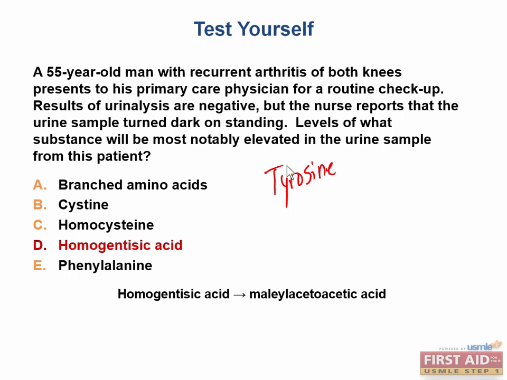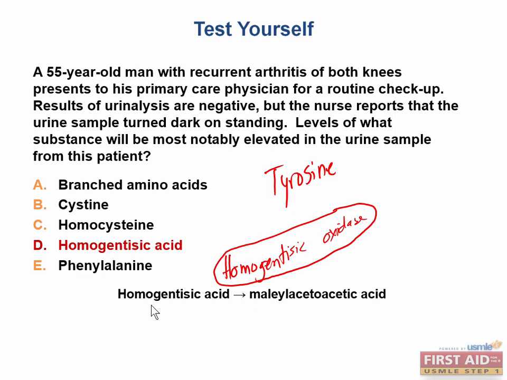So the enzyme that is going to be missing here is going to be homogentisic oxidase, and this is going to convert our homogentisic acid to maleylacetoacetic acid. Therefore, high levels of homogentisic acid are going to lead to black urine and arthritic change because we're not able to proceed with our tyrosine breakdown.